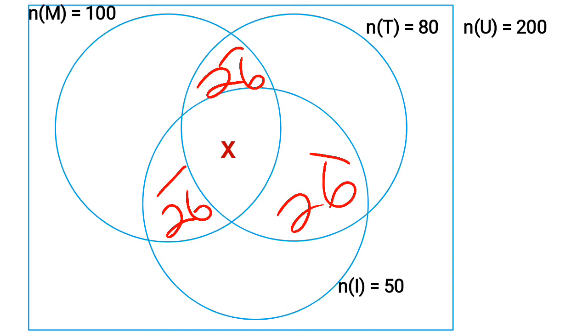If we put 26 in each of the 3 regions, we are going to get more than 26. The question is saying 26 complain of exactly 2, meaning if you add the 3 regions, you are going to get 26.